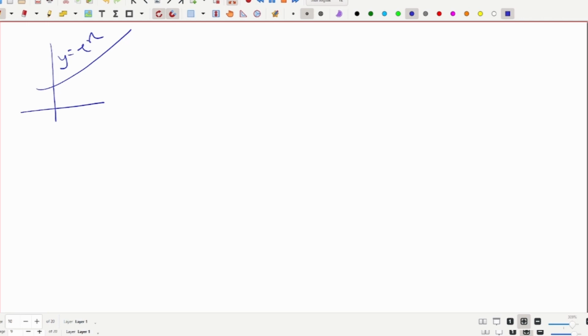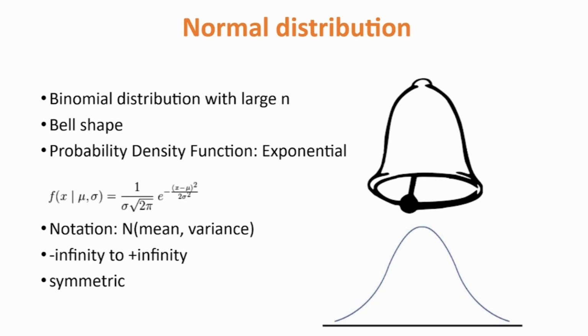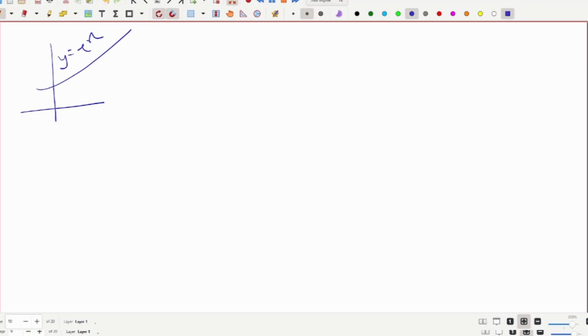Now you might be thinking what is happening here. In our case, it is exponential of minus x minus mu square. So both terms are squared. This is for x either negative on the left hand side or positive on the right hand side, that is fine.